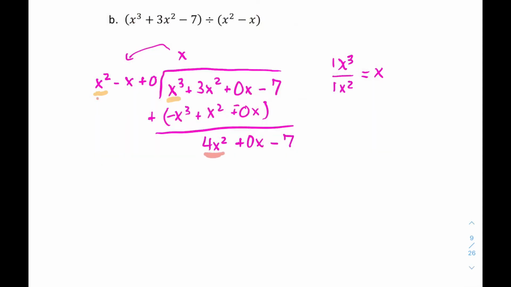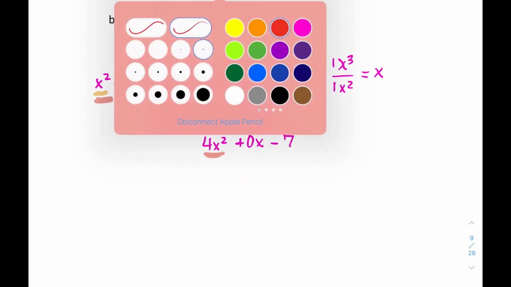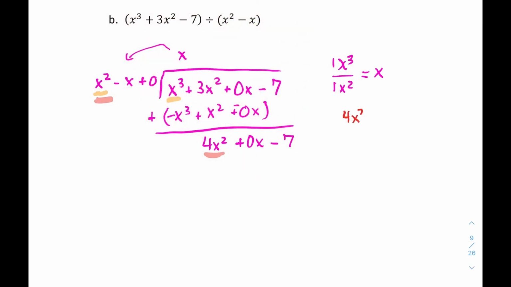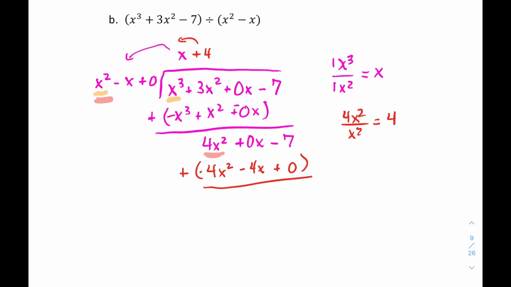Repeat your process, divide 4x squared by x squared, which will give you just 4. Add that to your quotient and then multiply your 4 back. You have 4x squared minus 4x plus 0. Subtract that entire result, which is going to just give you a 4x minus 7.